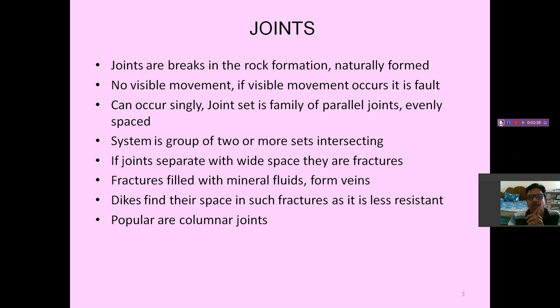Whereas when two sets intersect each other, please remember, it is known as the joint system. When the joints are parallel and in a group, maybe 1 joint, 10 joints, 1000 joints, more or less in the same manner, it is known as a joint set. ऐसा 2-3 sets, in case they intersect with each other, it is known as a system of joints.